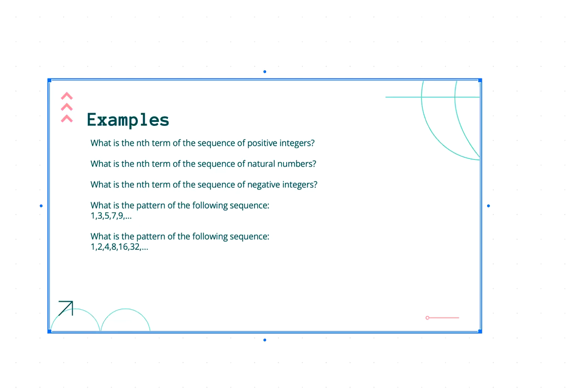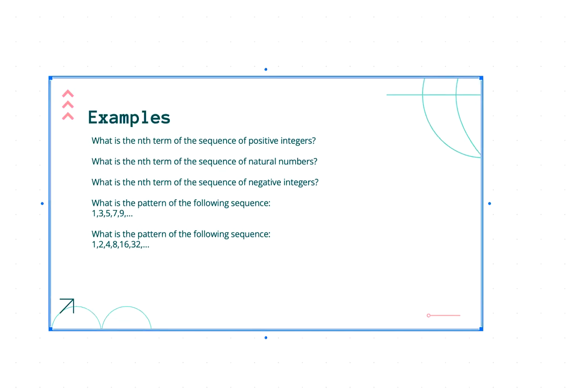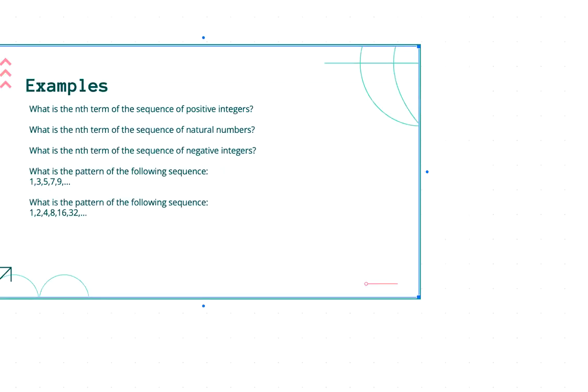So if we had a bunch of positive integers and we wanted to count n of them, then what is the number that we would end up on? Ooh, really, really close, you guys. Yeah, n is correct. Good job, good job.